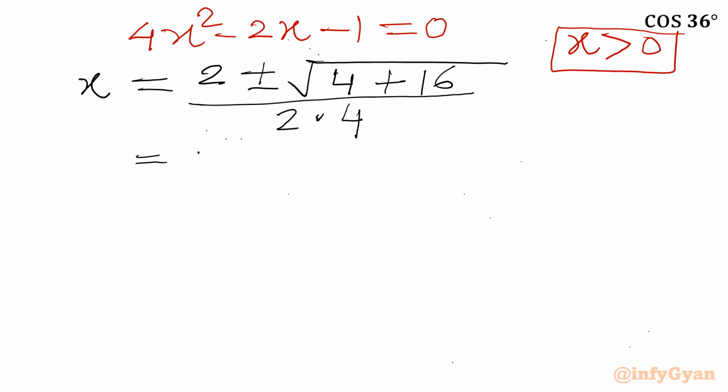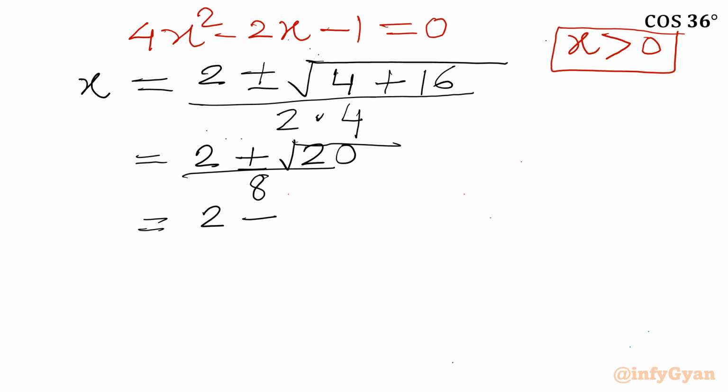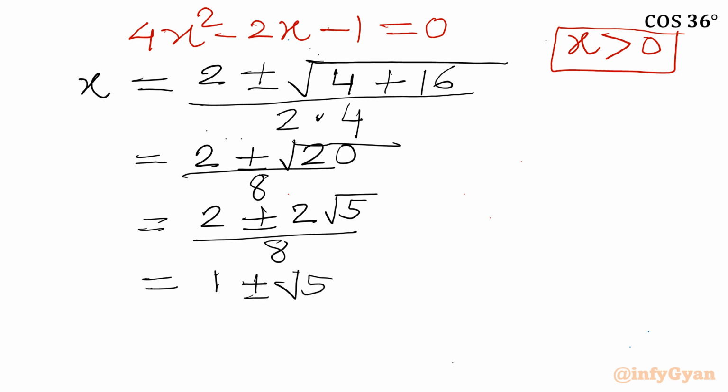Further I can write 2 plus minus square root 20 divided by 8. Now I can write 2 plus minus 2 root 5 over 8. Then I can write 1 plus minus root 5 over 4.